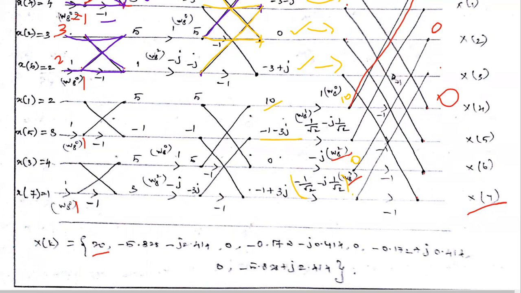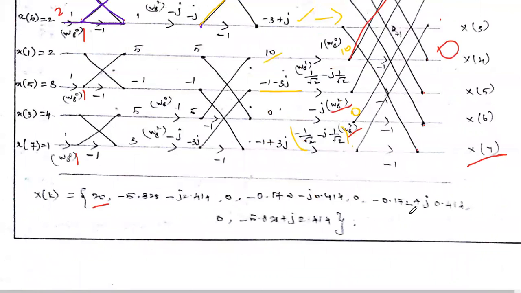And the sixth answer is minus 0.172 plus j 0.414. Then the seventh answer is 0, and the last answer is minus 5.828 plus j 2.414. So you do this multiplication separately on paper and find the answer, and we will get the X of k answer as this one.